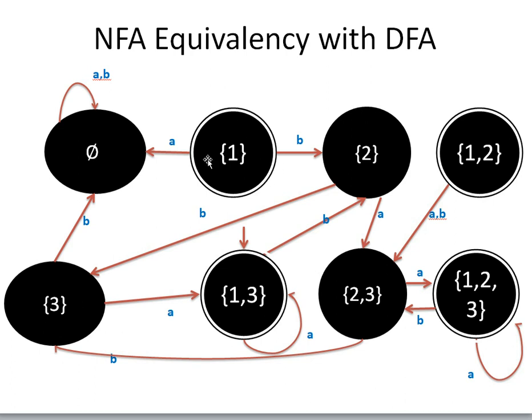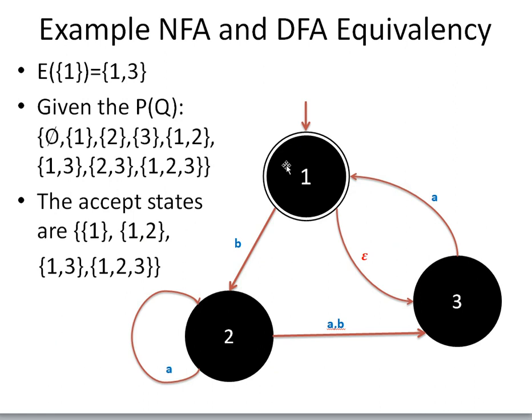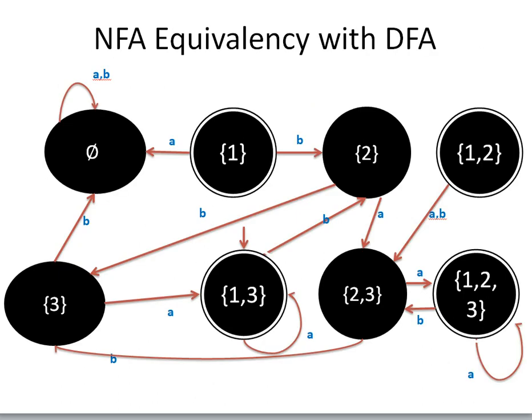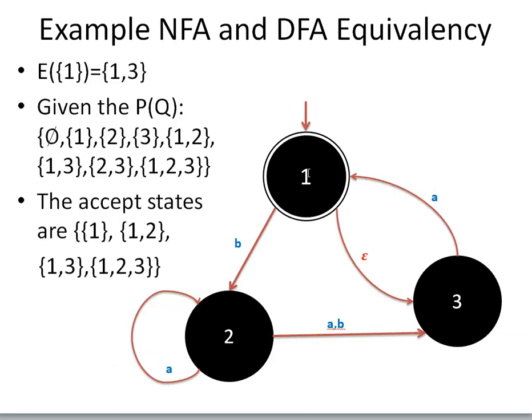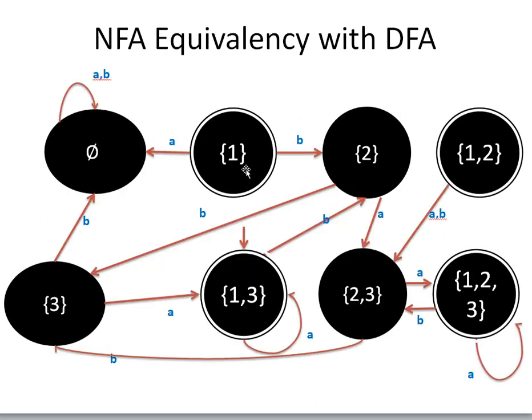So you're going to go to, for example, 1, and you're going to see where does 1 go given A. So if you give 1 A, it goes nowhere. So that's why with 1, you go to phi. Okay, so then you come here. If you give 1 B, where does it go? It goes to 2. So you see here that if you give 1 B, it goes to 2.